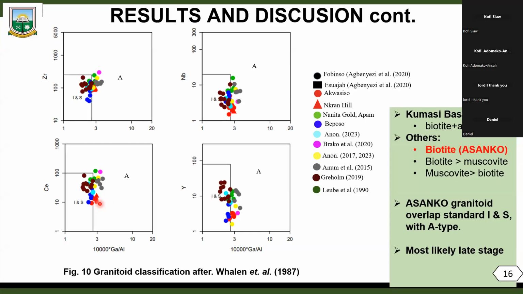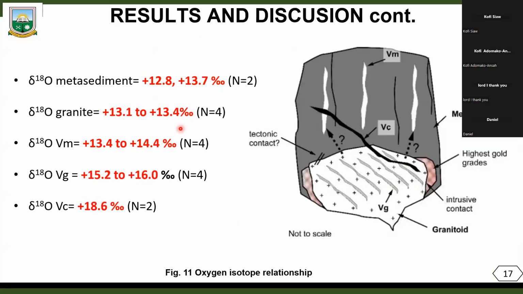Now, last but not the least, I consider the oxygen isotope data sets, and these are the various results obtained looking at this model. For the metasediments, plus 12.8 per mil is for the altered metasediments at the contact, and plus 13.7 per mil is further away from the altered mineralized zone.